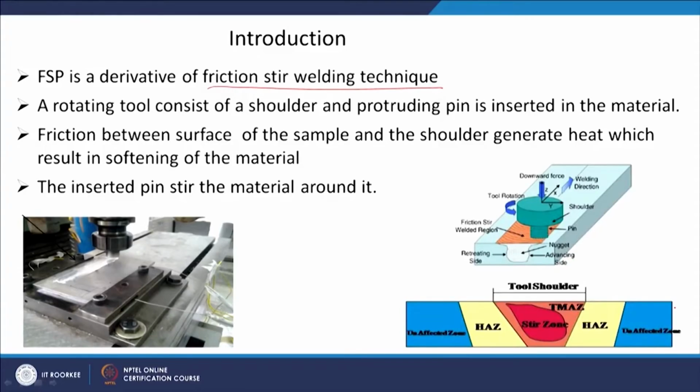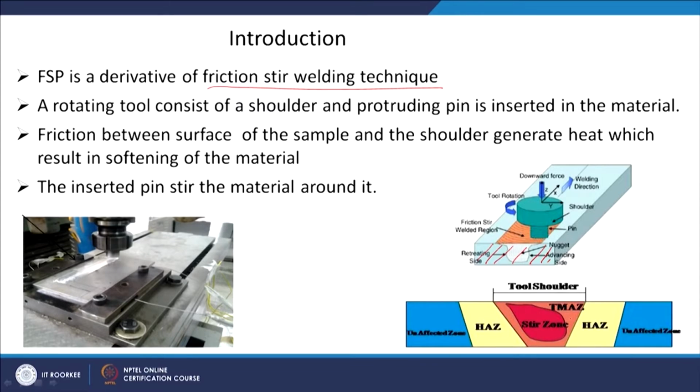And typically if you look at this particular plane, you will see a microstructural region like this. This is what we call the stir zone, where the pin is stirring the material. Next to it is the thermomechanically affected zone.